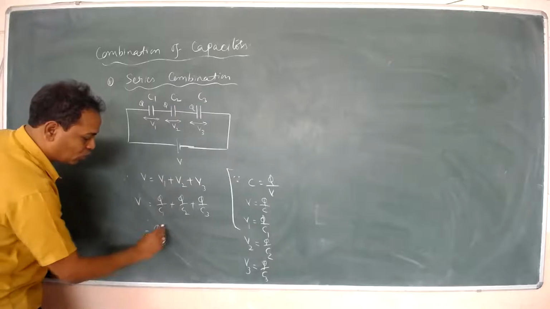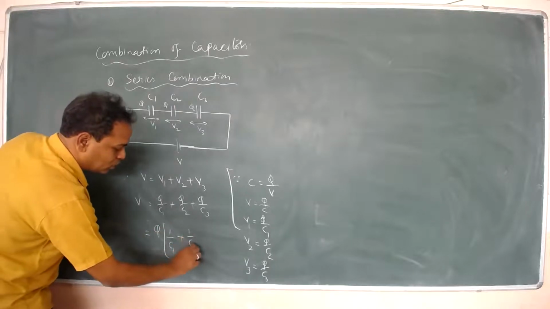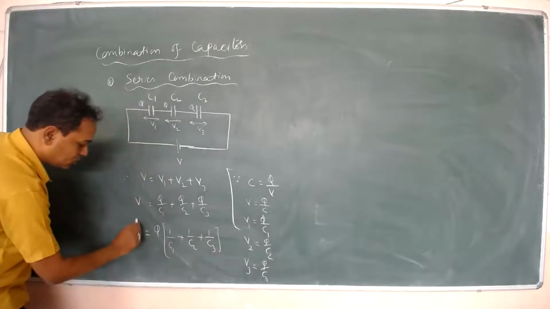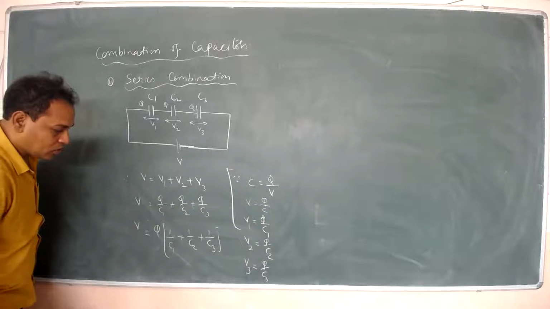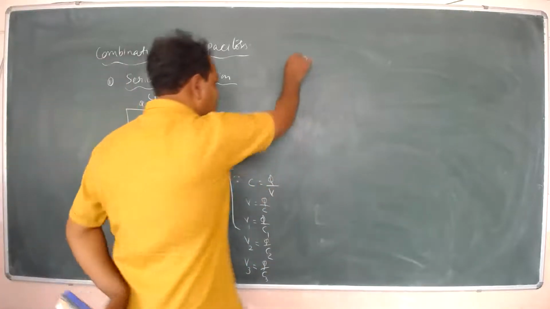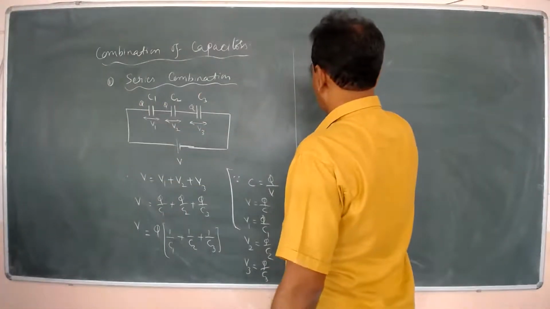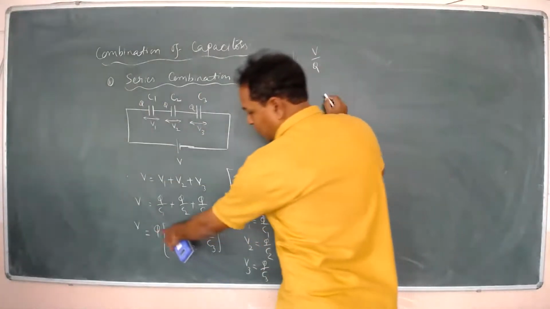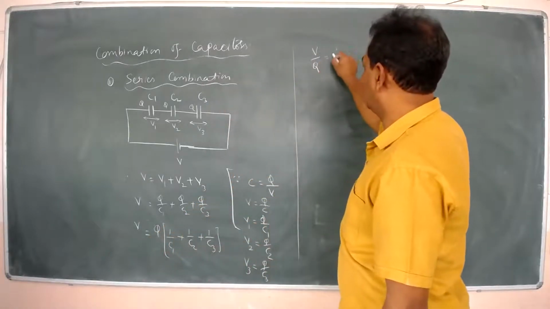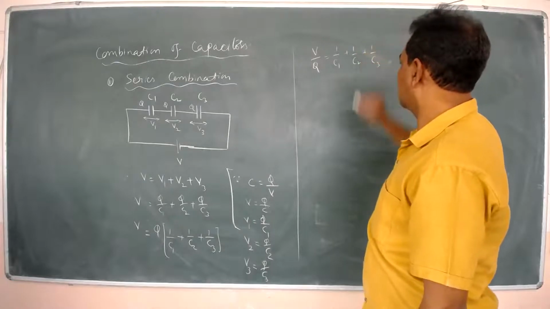What is left is 1 by C1 plus 1 by C2 plus 1 by C3, and this is V. If I bring this Q down, then V by Q is equal to 1 by C1 plus 1 by C2 plus 1 by C3.